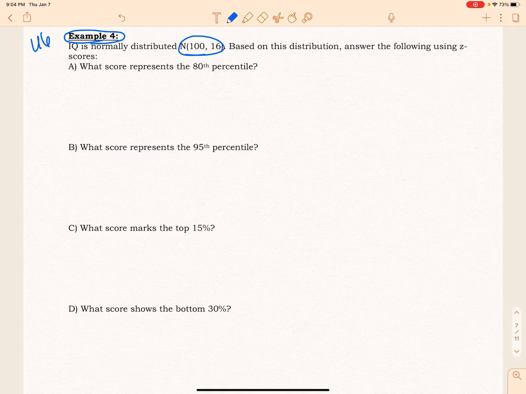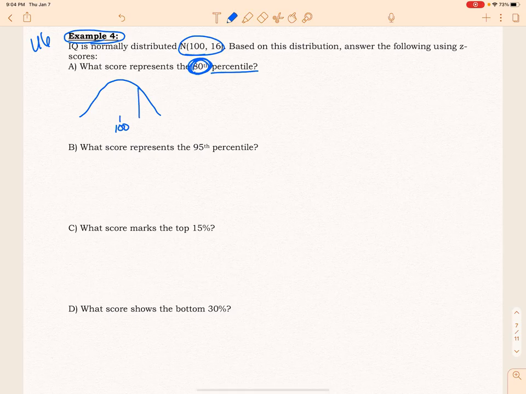All right, so for part A, what score represents the 80th percentile? So I'm always going to draw a picture for these. So I'm going to put my center all the time. All right, 80th percentile. When you see the word percentile, you are shading to the left. In this case, you are shading 80% to the left of a value. Well, it should register in your head that 80% is by far more than half of the graph.